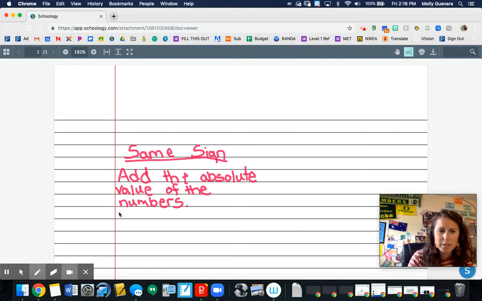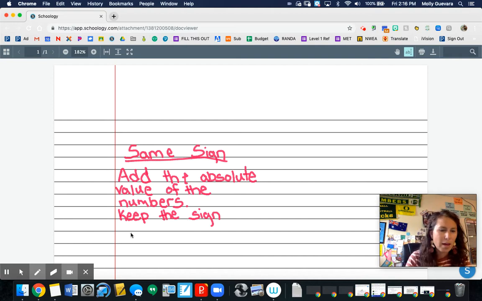So you do that first, and then after you've done that, you keep the sign. Meaning I'm going to add the numbers together, and if they're both negative, then the answer will be negative. If they're both positive, then the answer will be positive.